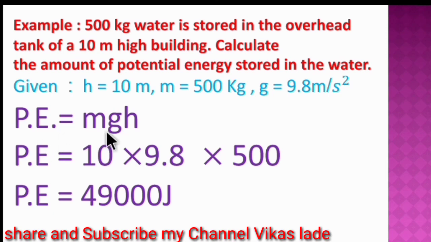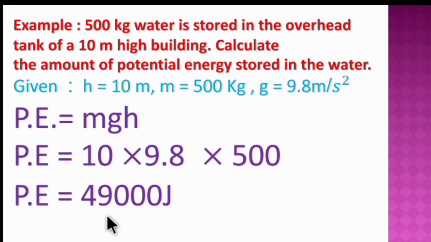Potential energy is equal to mgh. This is the formula of potential energy. Put the values of m, g and h in this formula. So potential energy is equal to 10 into 9.8 into 500. So potential energy is equal to 49,000 joule. So the amount of potential energy stored in the water is 49,000 joule.